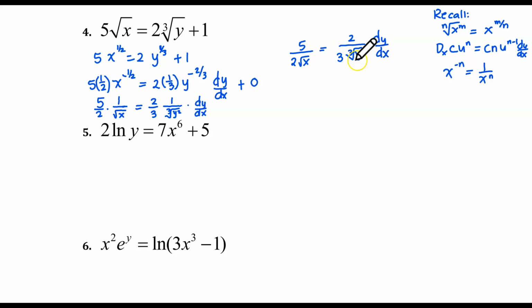So multiplying both sides by the reciprocal, you get dy dx on the right hand side. So I'll write that first. And then you have 5 over 2 square root of x times the reciprocal of the expression here, and that is 3 times cube root of y squared divided by 2.